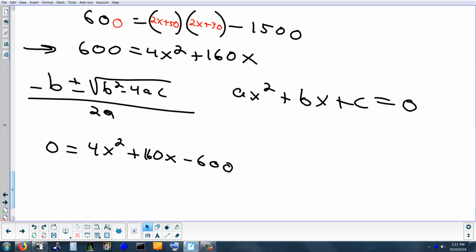And if you wanted, you can divide everything by 4, just to make all the numbers smaller. At this point, if you're just going to plug it into the calculator, it doesn't really matter. But just because it'll be smaller numbers, I'll do it. Be careful you don't mess up when you do that, because then you've just ruined the whole problem.